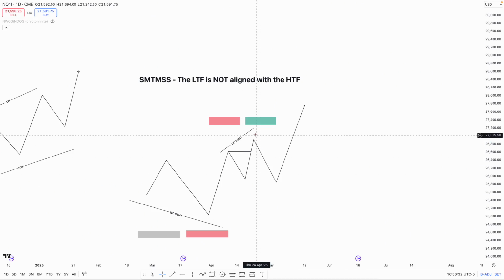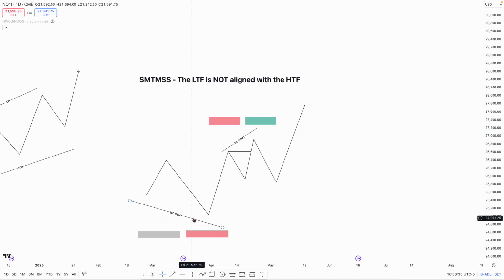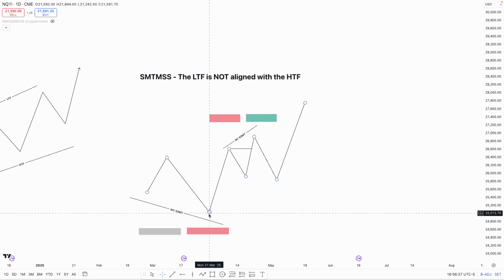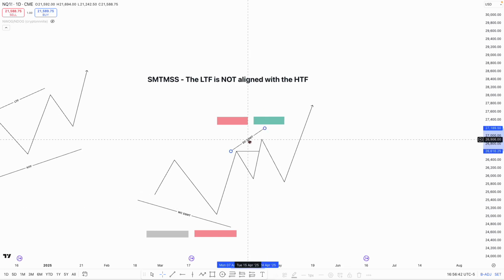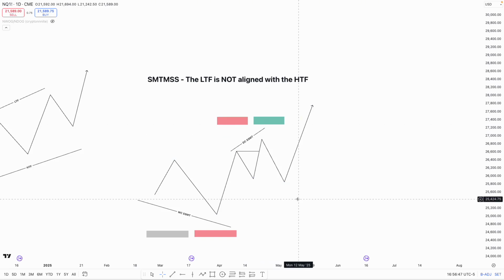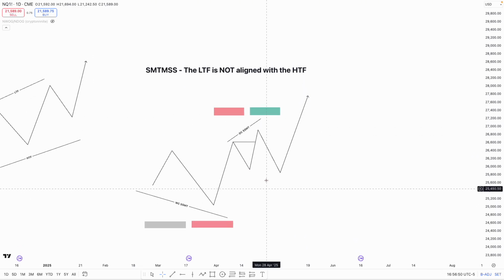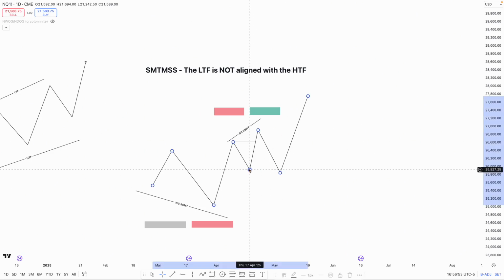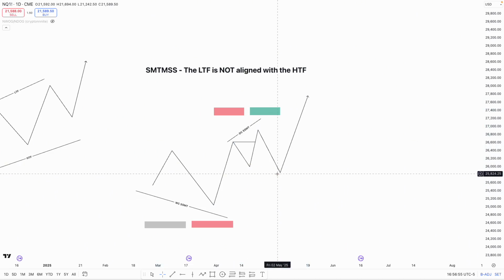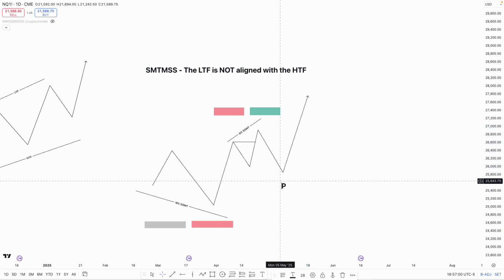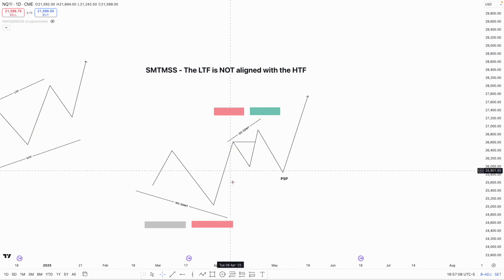Now what can you do when you're in this scenario where we have the weekly cycle sequential SMT and you've potentially missed this reversal point here? If you see this daily cycle sequential SMT, you can expect a retracement, knowing that price is going to move higher, and you can look for an entry here. This may be a PSP. It could be an even lower time frame SMT or sequential SMT.